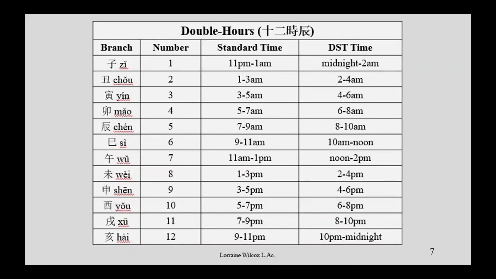In standard time, not daylight savings time, the hour is 11 p.m. to 1 a.m. But if it's currently daylight savings time, you have to correct to go back to be closer to the sun's time. Just because the government says change your clocks doesn't mean the sun suddenly jumps. The sun doesn't jump. And so you have to correct for daylight savings time.